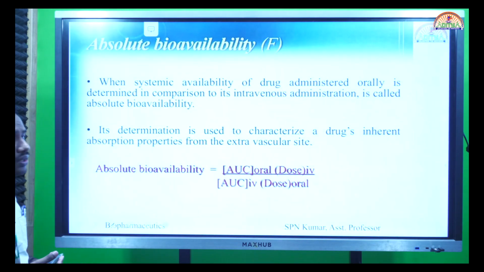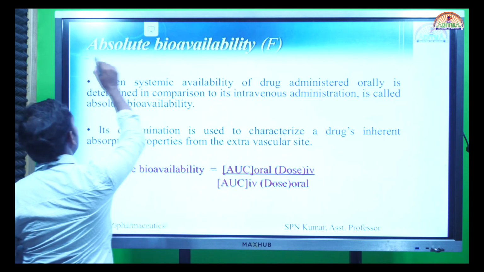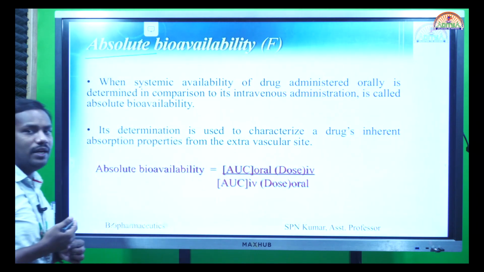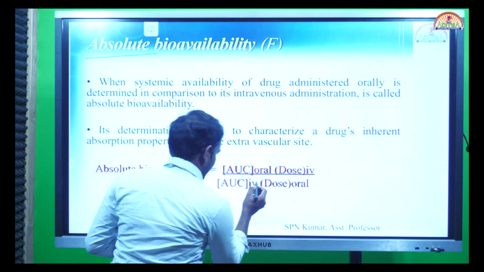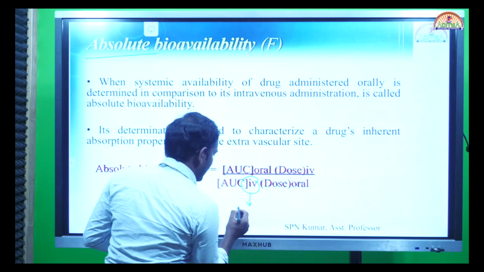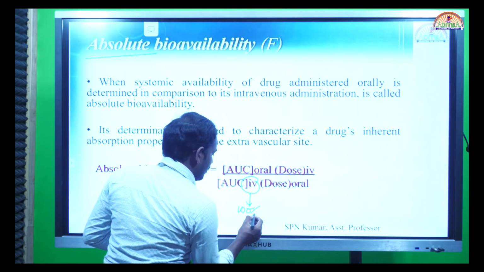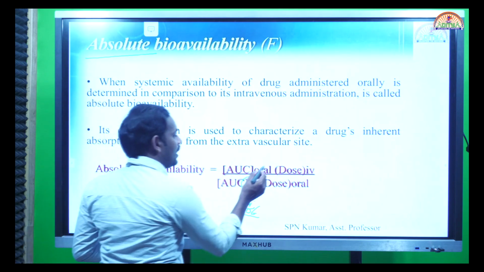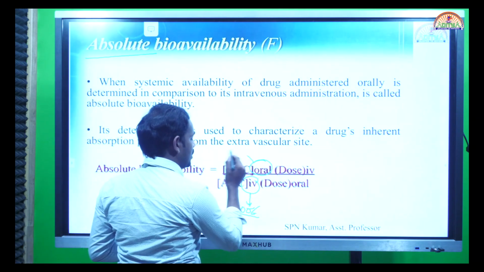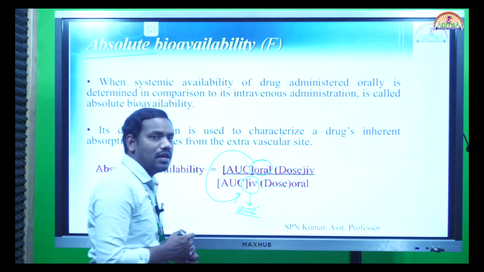So we can divide our bioavailability into two things. One is absolute bioavailability, the other one is relative bioavailability. Any comparison with respect to IV is absolute. Why? Because IV will have 100% drug release into the systemic circulation. So if you compare any drug with respect to this IV, this is an absolute bioavailability.